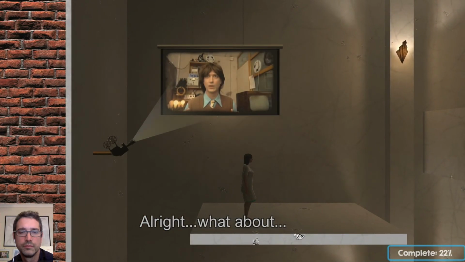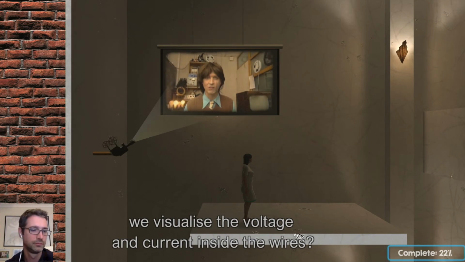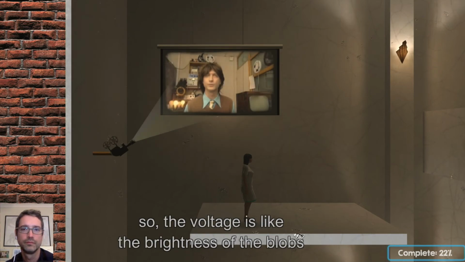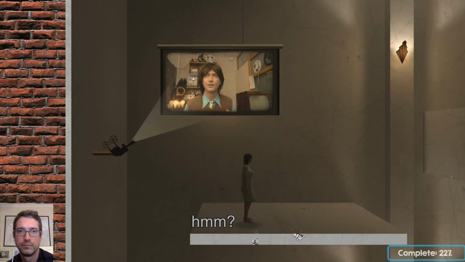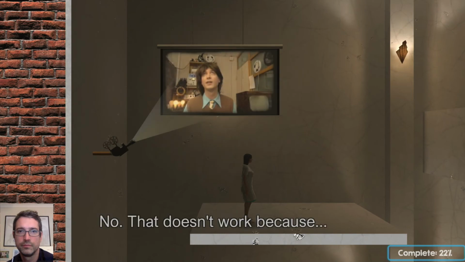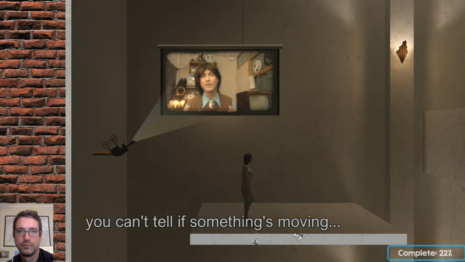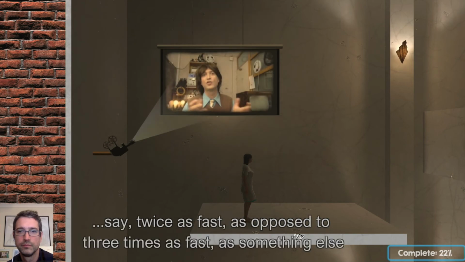What about we visualize the voltage and current inside the wires? So the voltage is like the brightness of the blobs, and the current is like the speed that they move through the wires at. No, that doesn't work because you can't tell if something's moving, say, twice as fast as opposed to 3 times as fast as something else.